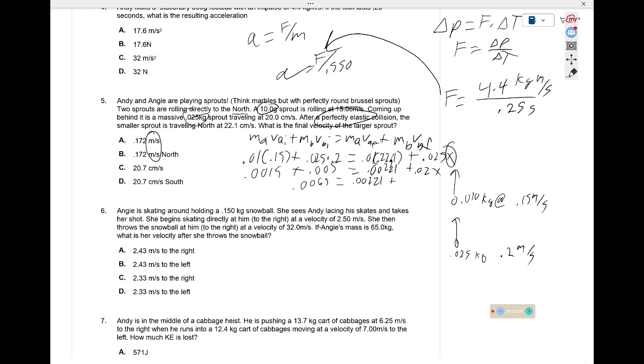I'm going to subtract 0.00221 from both sides, and I get 0.00429 equals 0.02x.